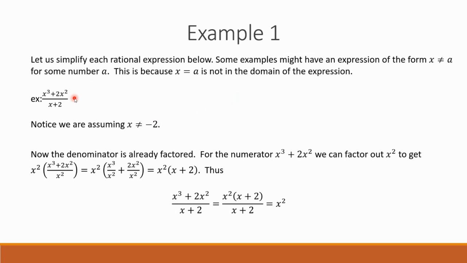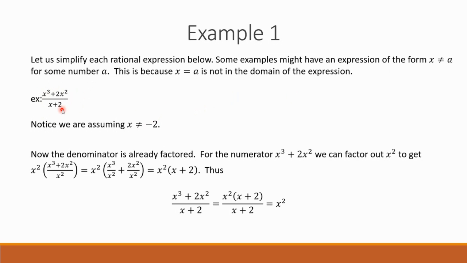That is, we're assuming we're in the domain of the rational expression. I just figured it'd be kind of silly for me to write that down, because if I ask you to find the domain, I'd be giving it away. Anyway, let's simplify this.